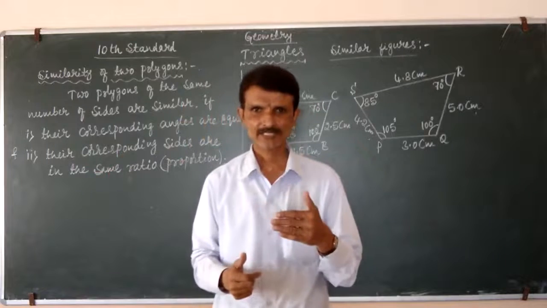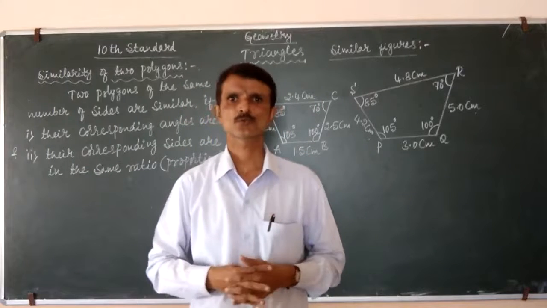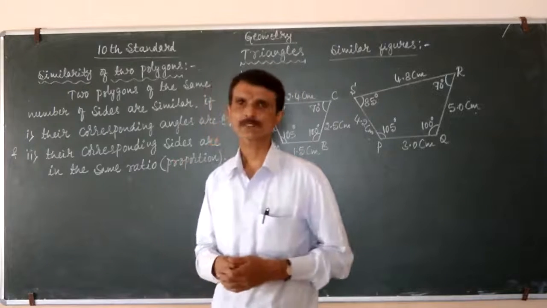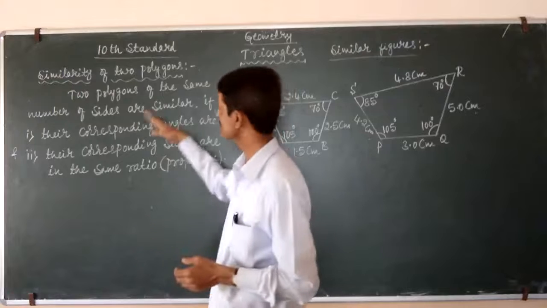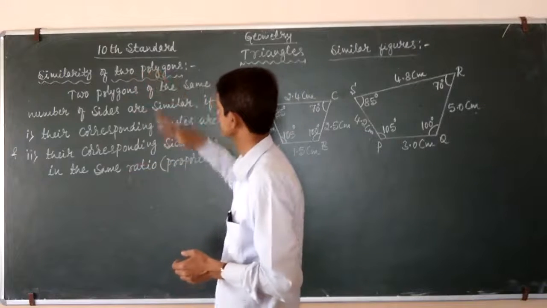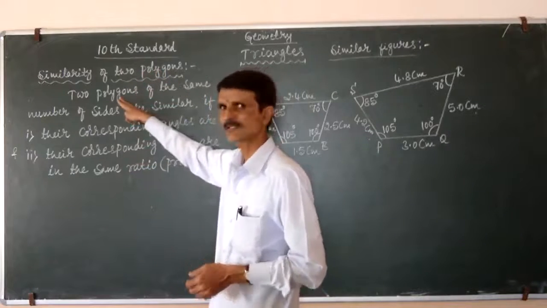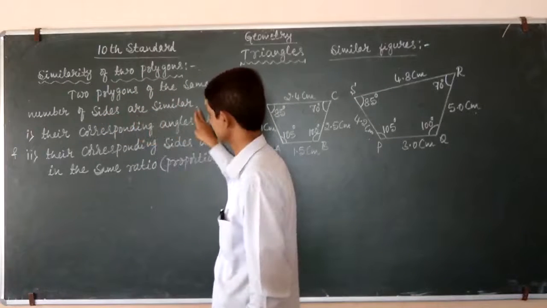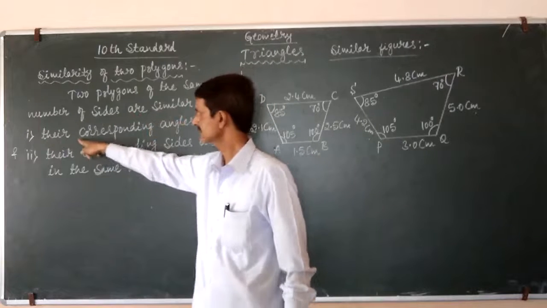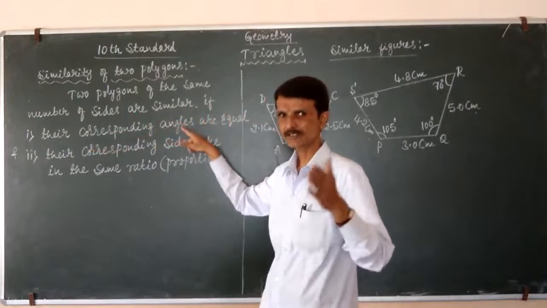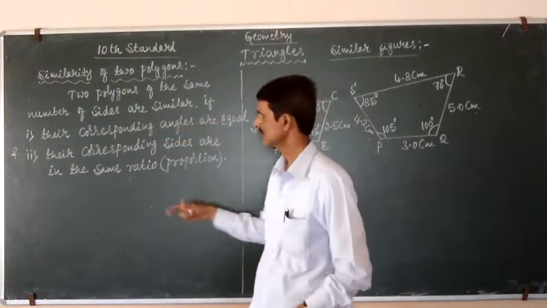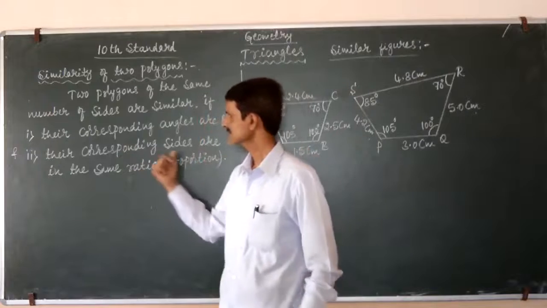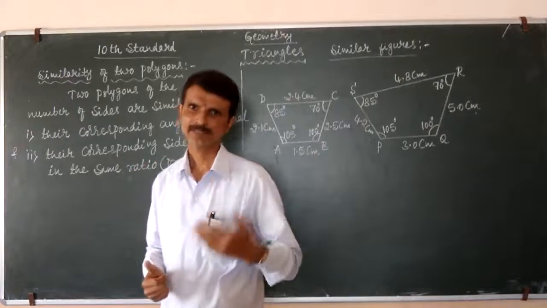Ratio means they are in the same proportion. So this is the condition for the similarity of two polygons. Observe clearly: two polygons of the same number of sides are similar if their corresponding angles are equal and their corresponding sides are in the same ratio or in the same proportion.